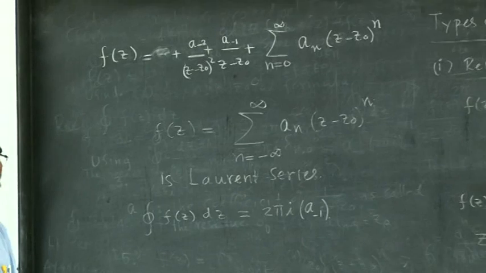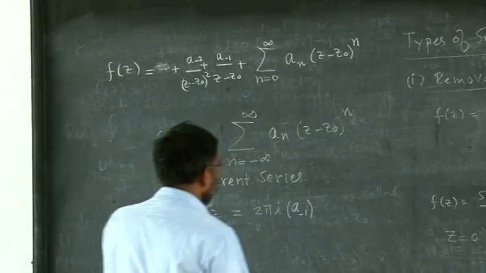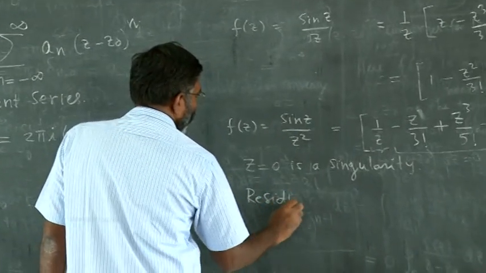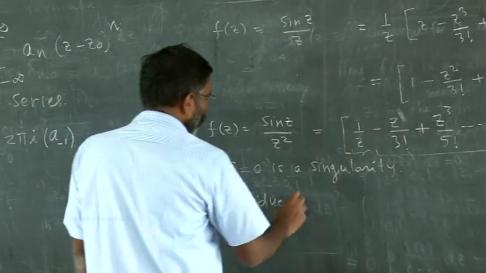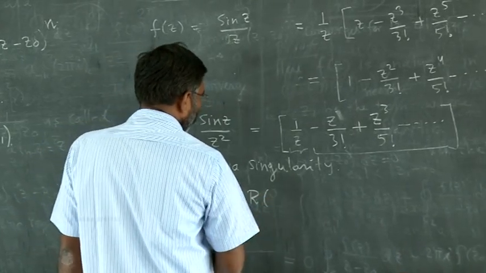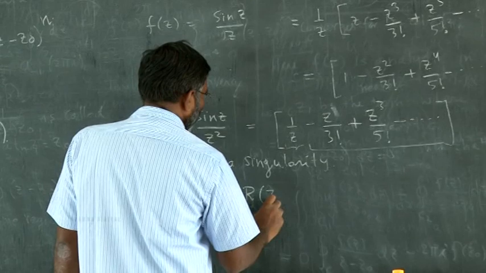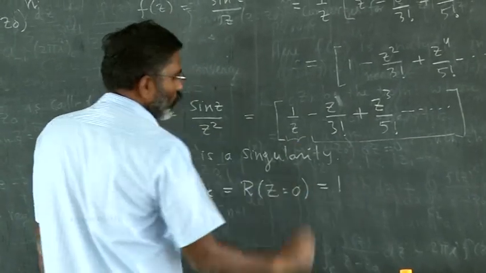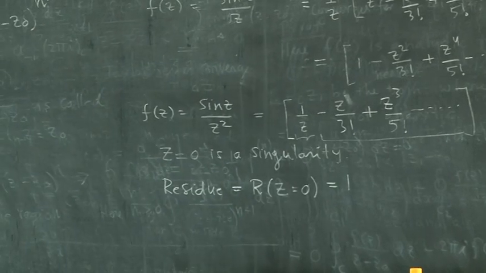That is the residue. So what is the residue of this function? I will simply write that the residue of this function at z equal to 0 is 1, because it is 1 by z.